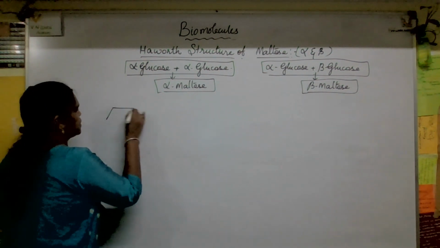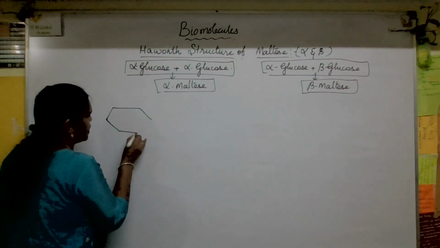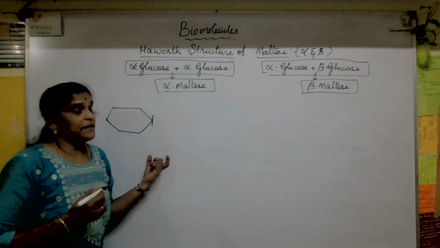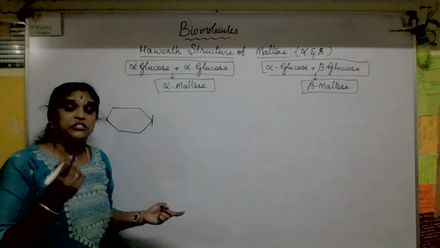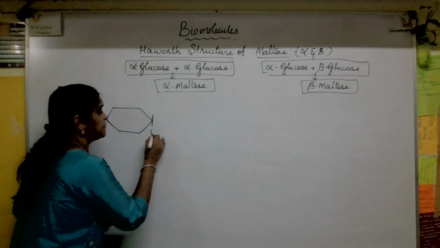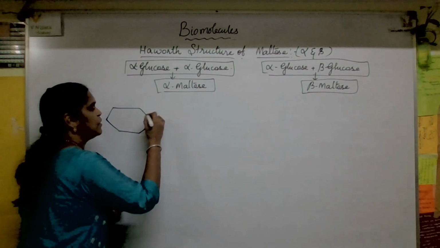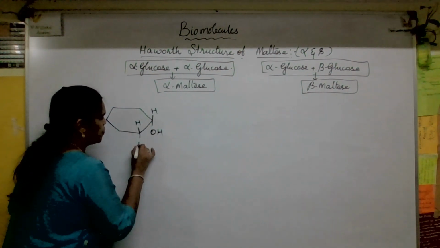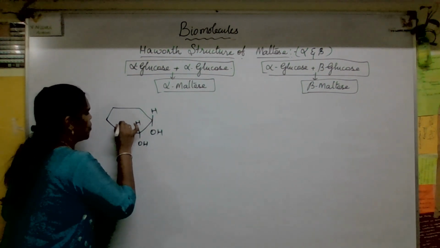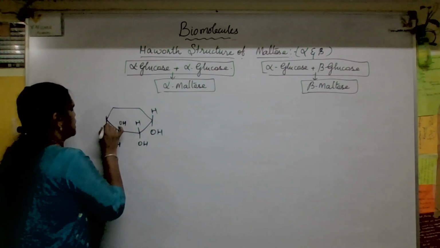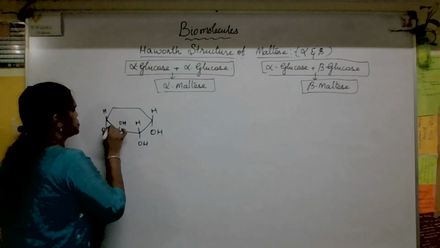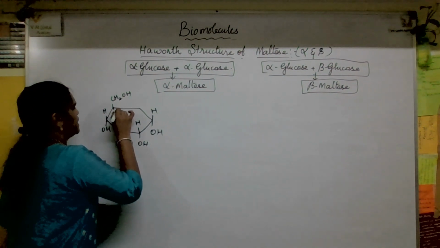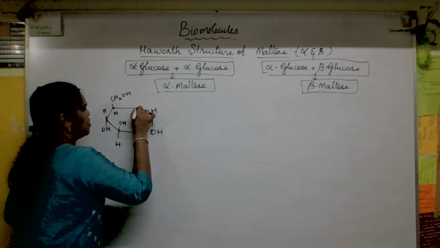Here we are going to write the structural formula. As I write the six-membered ring, for alpha glucose the OH should come on the below side of the hexagon. Here H, here H, OH, then here OH and H, here H, OH, and then CH2OH and H. This is connected with the oxygen.